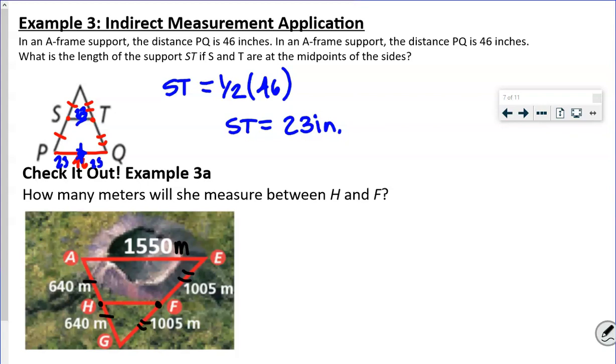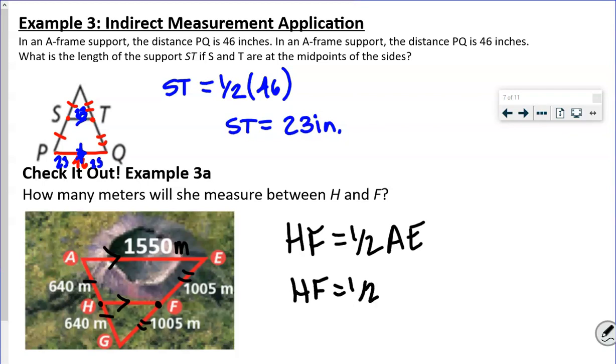If that's a midsegment, how does it relate to its parallel side? All right, let's see if y'all can finish this. Can't we say again that HF is equal to 1/2 of AE? So HF is equal to 1/2 of 1550. What is that? Let's see if I remember, 775. So this is 775 meters, right?